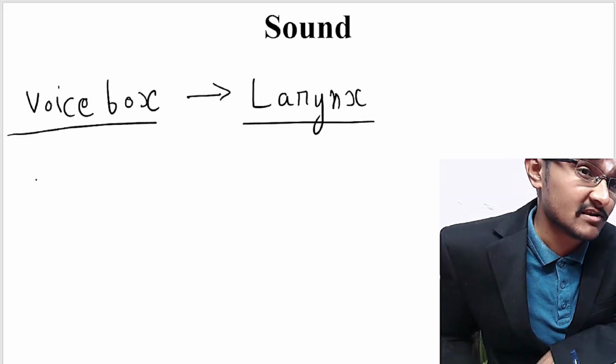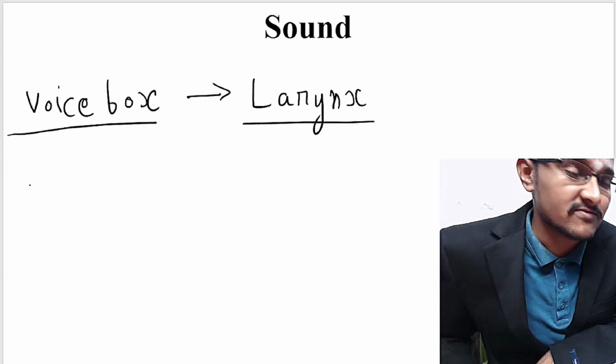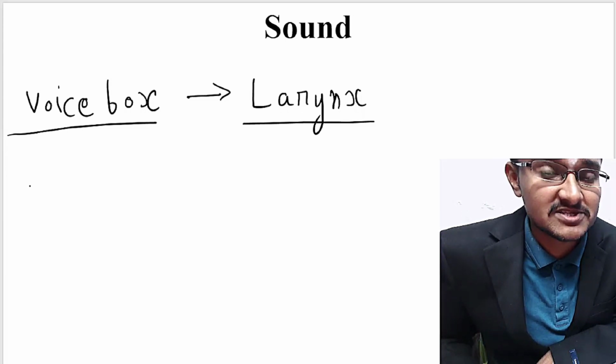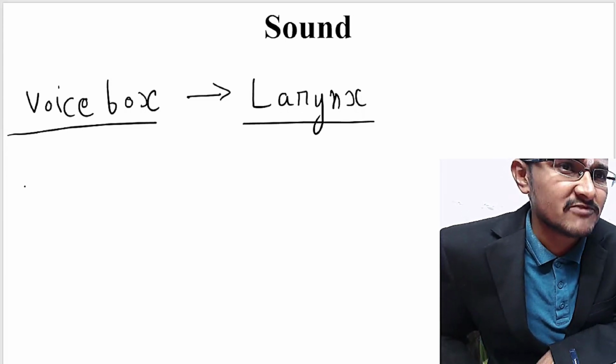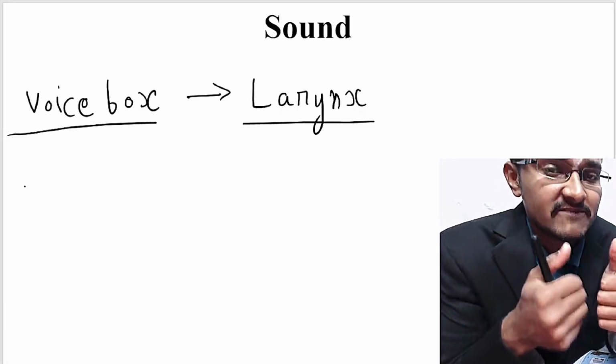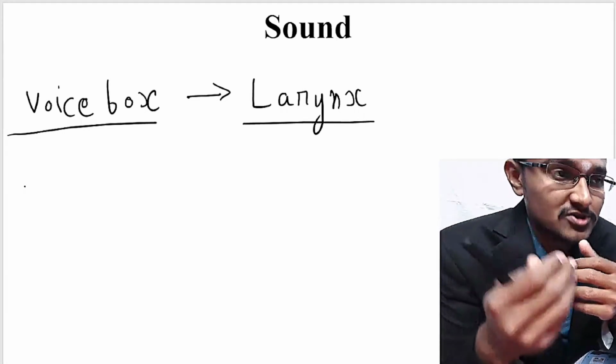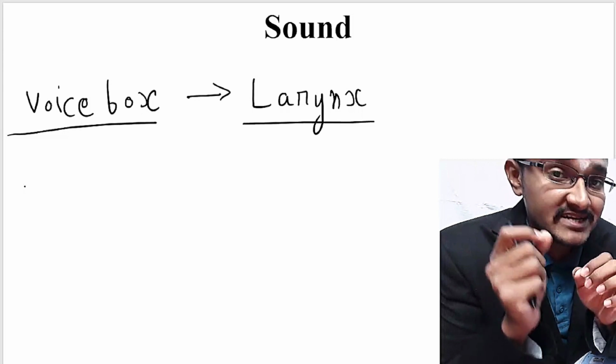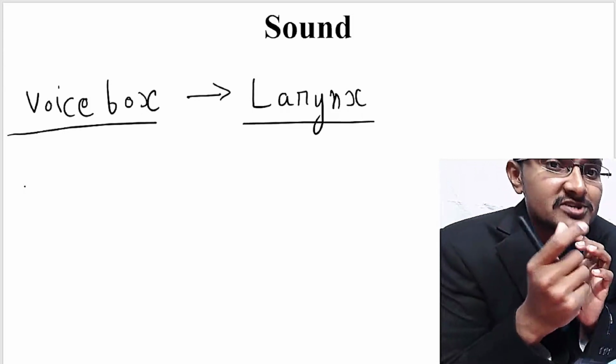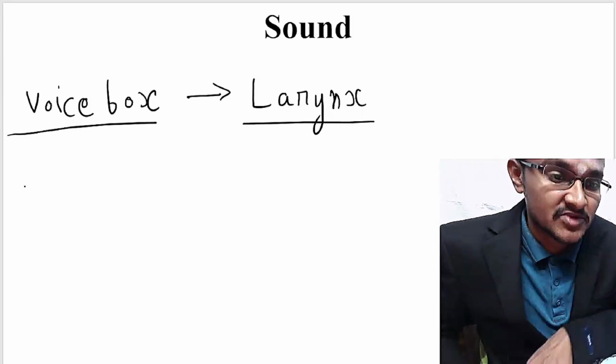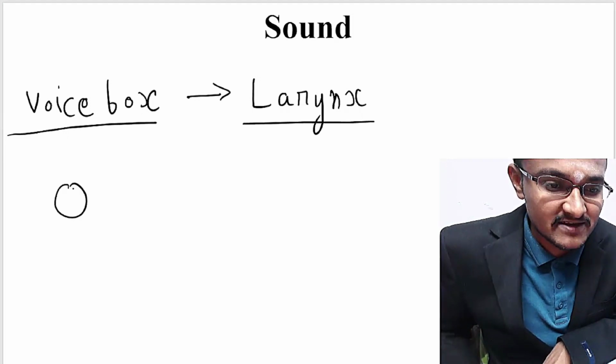Now we have discussed a lot of things about sound, and I have also given so many examples for sound. Now you might be worrying, where is the medium for sound to travel? Because sound always needs some medium to travel from one place to another place.